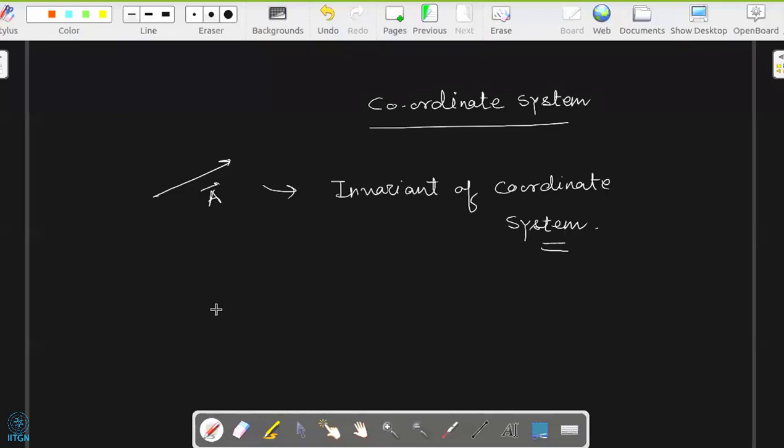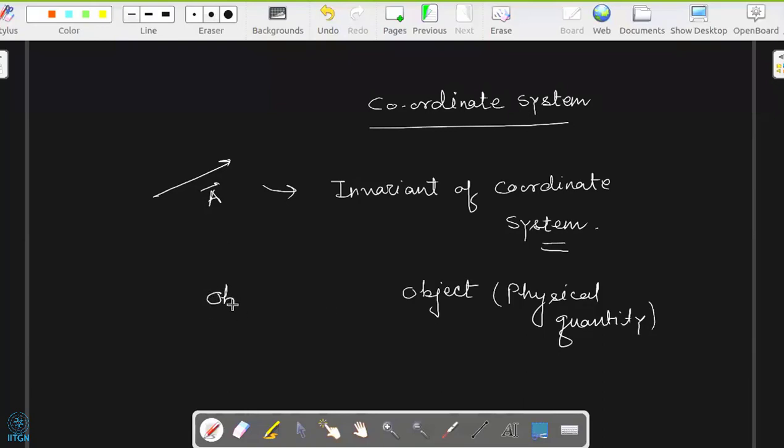Before going to the coordinate system, let me discuss what we are actually doing, because we are observing something. Let's say there is an object, and that object is some physical quantity before us. It may be force, displacement or velocity.